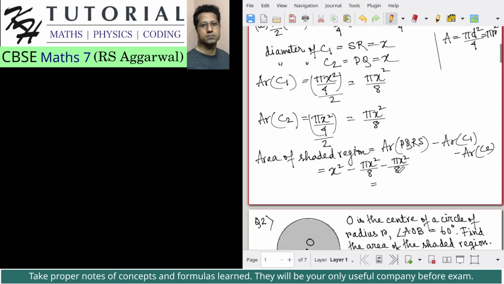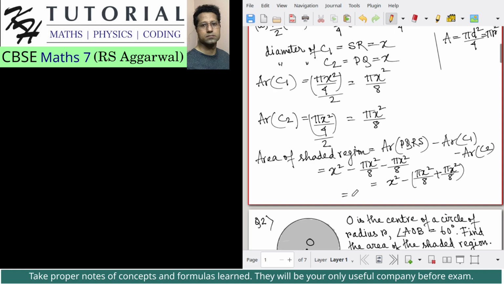After simplification, this becomes x square minus pi x square by 8 plus pi x square by 8.